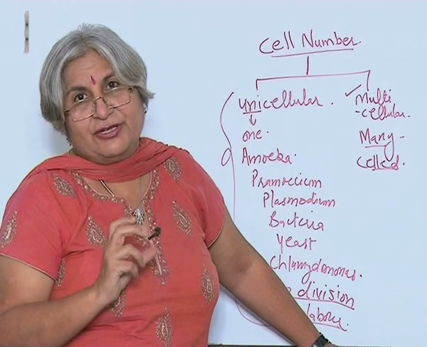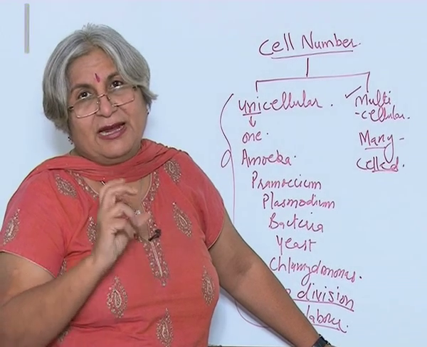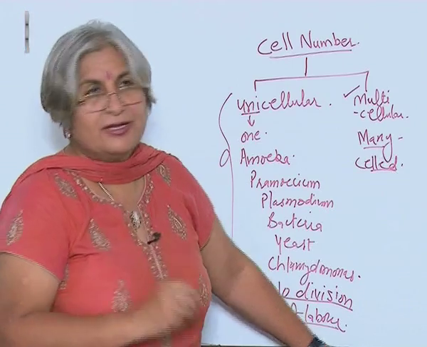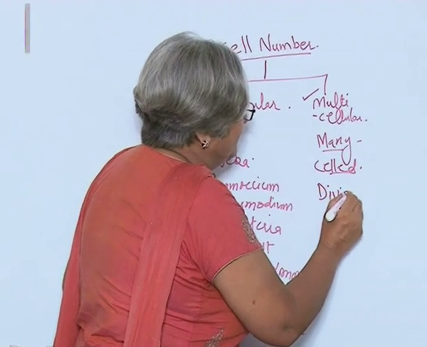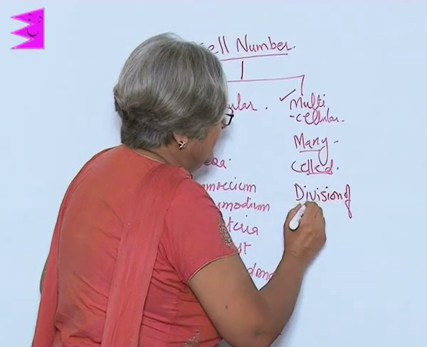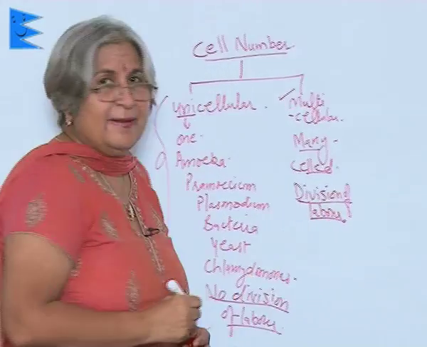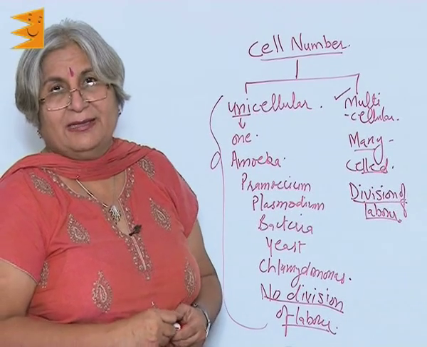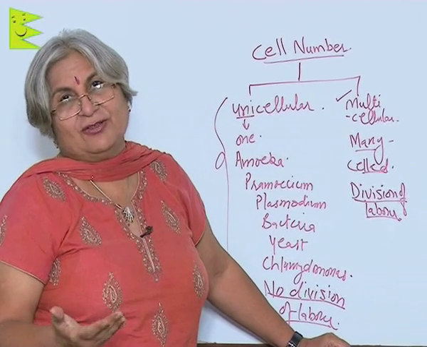That means there is division of labor. In multicellular organisms also there are specialized organs which perform specific functions. So obviously the multicellular organisms are more complex, there is division of labor and the efficiency is also more.